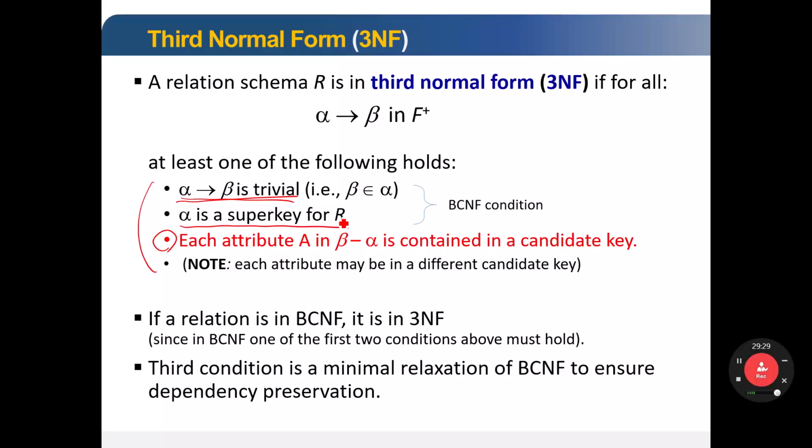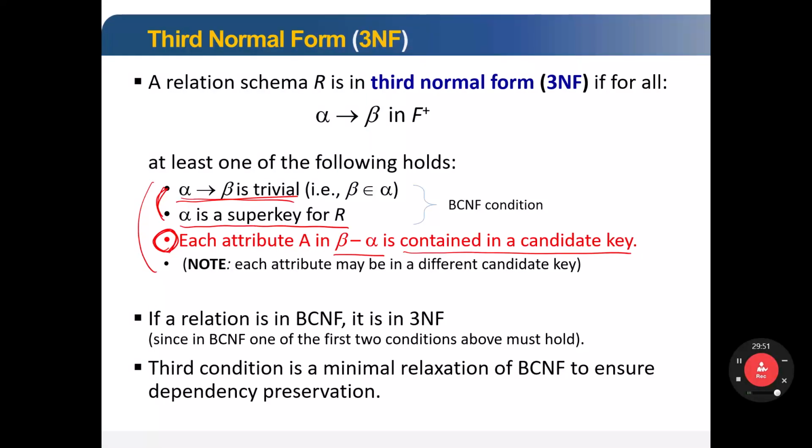And if the left determinant is a superkey, that makes the table in BCNF. And we have one additional condition. If these two rules are not true, we need to check this last condition, saying that each attribute in beta minus alpha is contained in a candidate key.